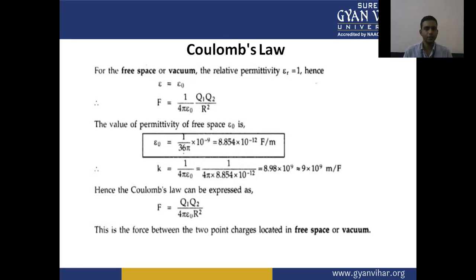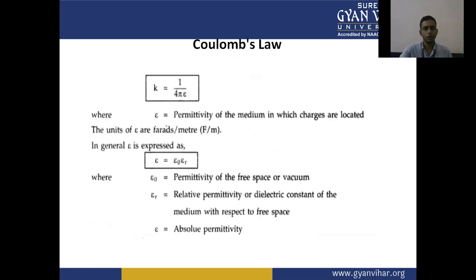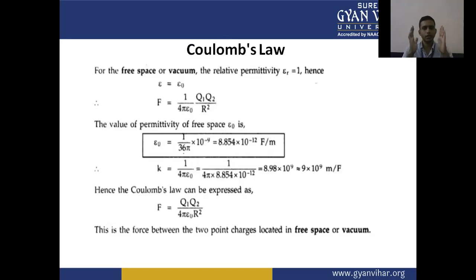The value of the permittivity of free space is 1 upon 36 pi into 10 to the power 9, or it is given as 8.854 into 10 to the power minus 12 farad per meter.